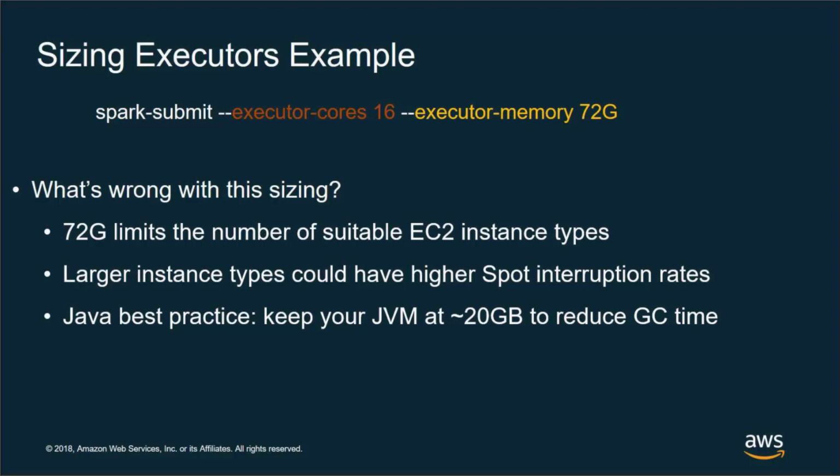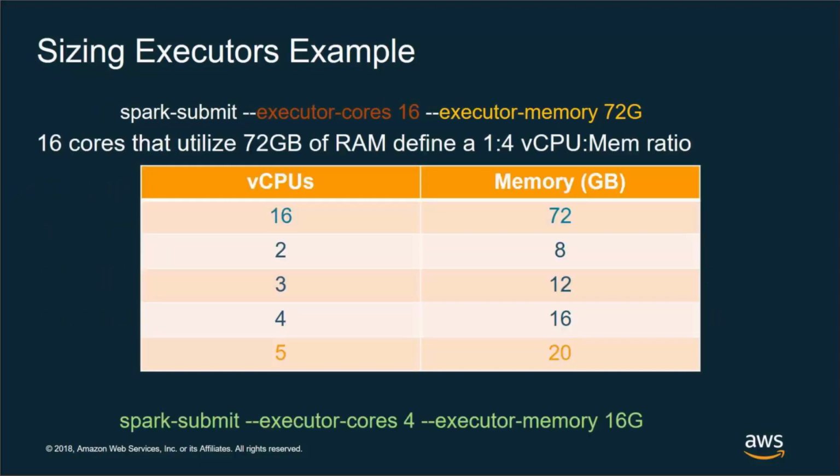So keeping that in mind, if we keep the same ratio of cores to memory in the way that we run our executors, we can decrease the amount of memory and the number of CPUs to four vCPUs and 16 gigs of memory, and that would fit a lot of our R family instance types or I3 family instance types.